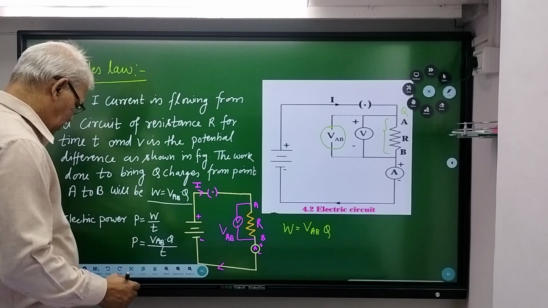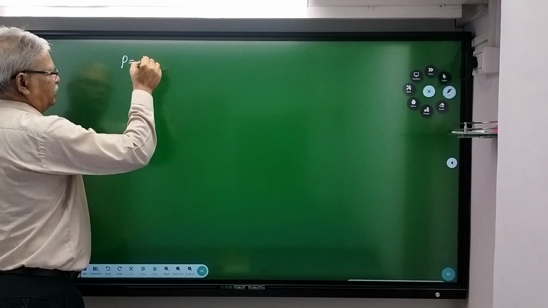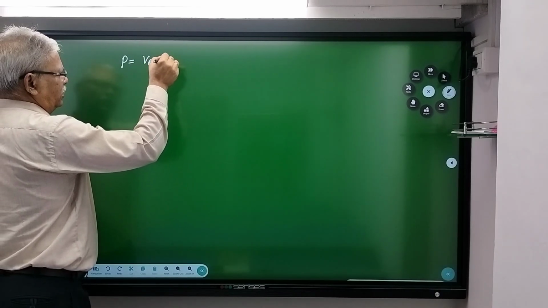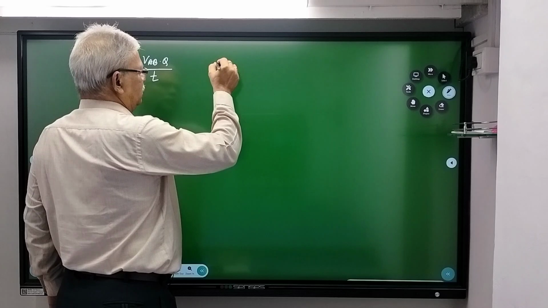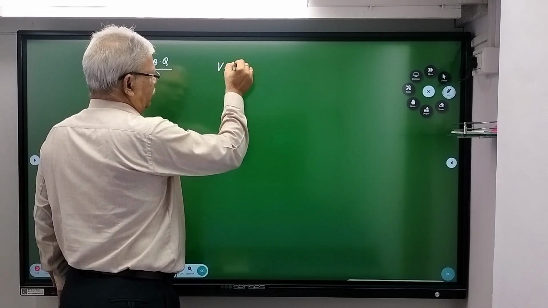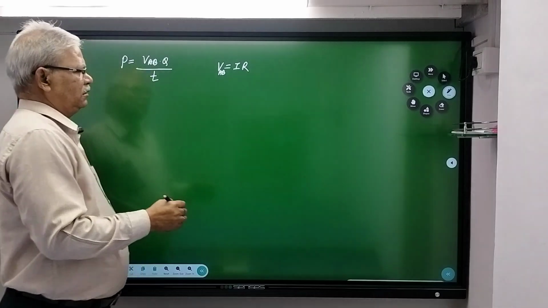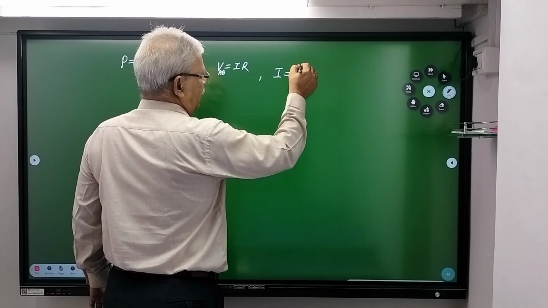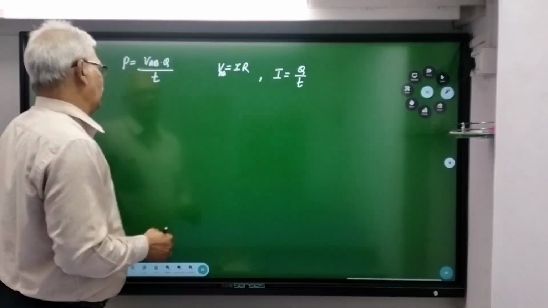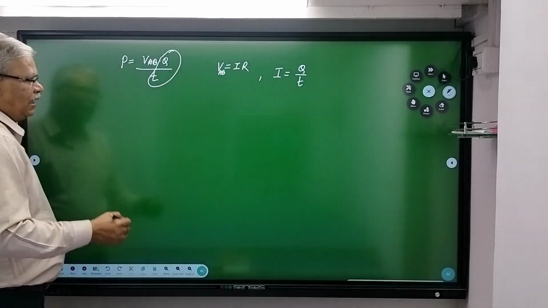Now the next, I am writing again that power P = VAB dot Q upon T. Then as per Ohm's law, V = IR, here VAB = IR, and by the definition of current, I = Q upon T. Therefore this term is equal to I and this term is equal to IR.